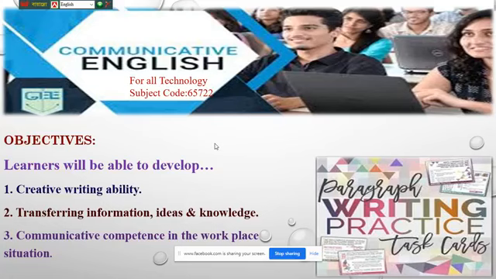And the objective of learning this course is that learners will be able to develop creative writing ability and ultimately they will develop transferring information, ideas, and knowledge. Consequently, it will help them to develop communicative competence in workplace situations or in real life situations.